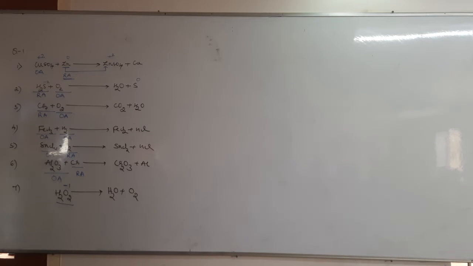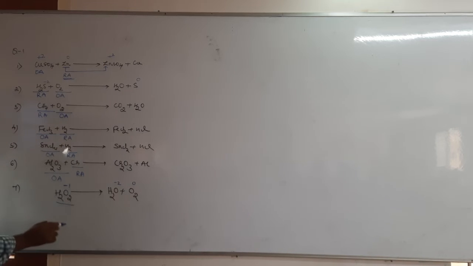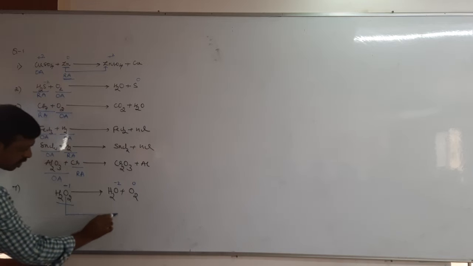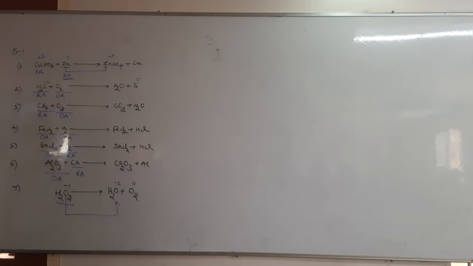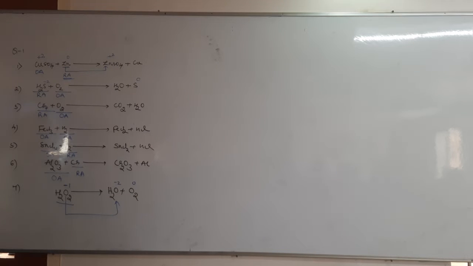We will calculate later. Peroxide is -1. -1 to -2 is a decrease in oxidation number, reduction. It means oxygen undergoes reduction. Next, -1 to 0 is oxidation. It means H2O2 undergoes both reduction as well as oxidation. Hence, it is both an oxidizing agent as well as a reducing agent.